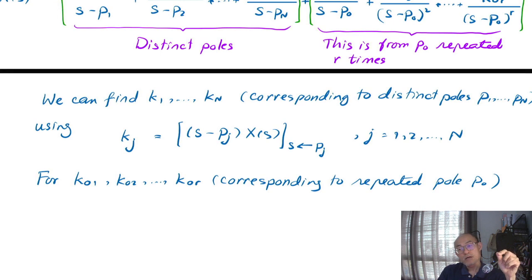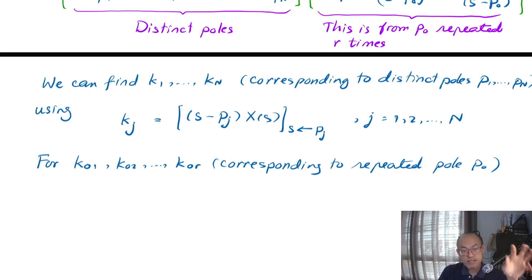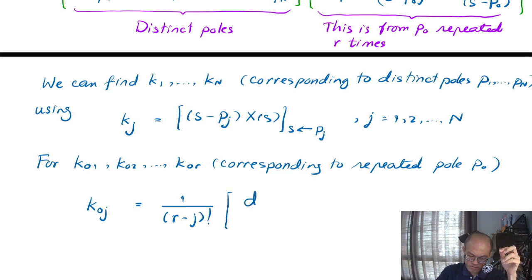Okay, the method to find these will be trickier, and we use k0j equal to 1 over (r minus j) factorial, and then the derivative (r minus j) times with respect to s.